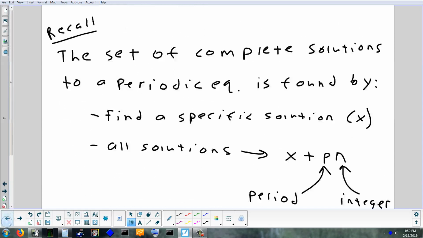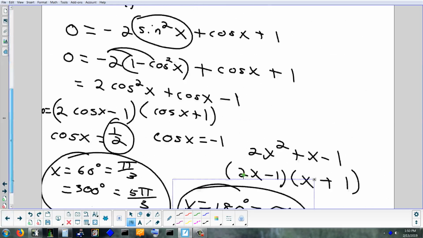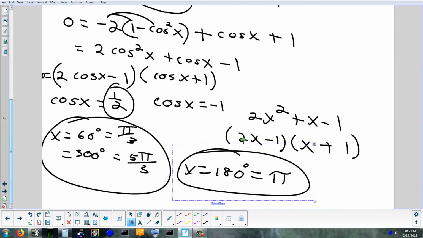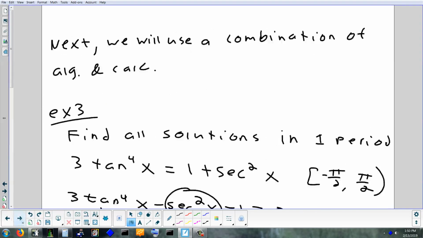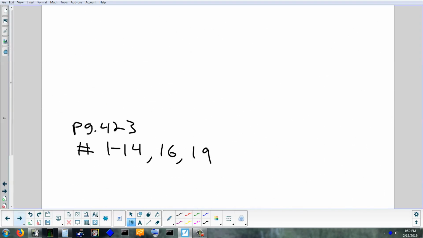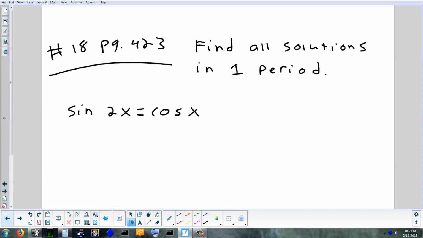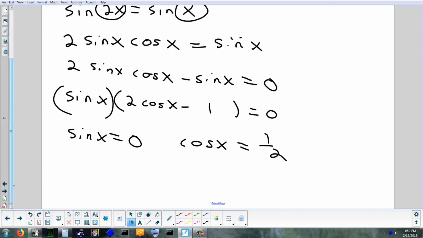I'm just going to go back, and it's not cheating. It's using what I've already done. I'm using my own work. Cosine x equals 1/2: pi over 3, 5 pi over 3. So we've already gone through those answers.